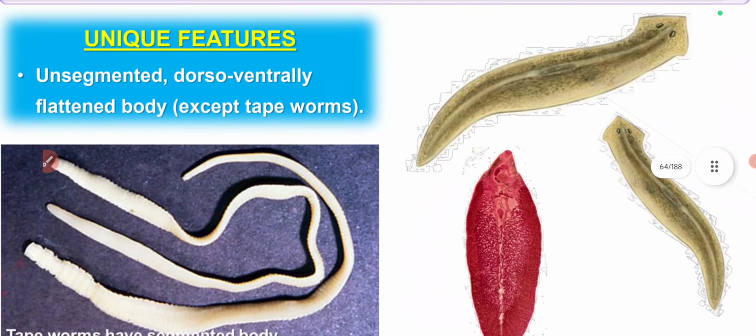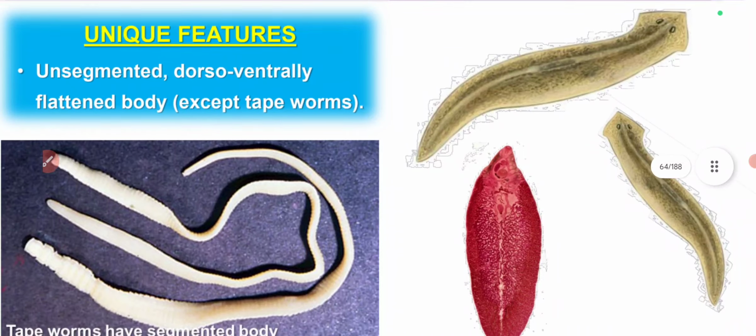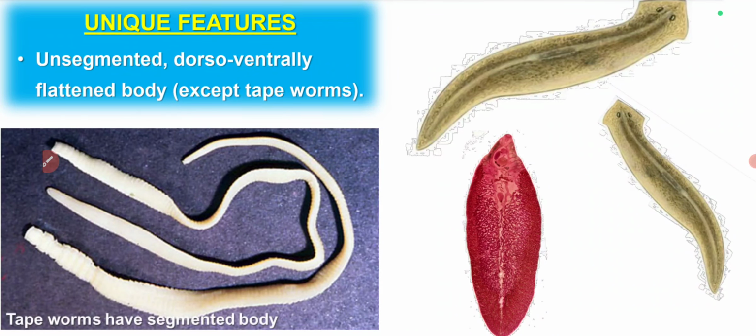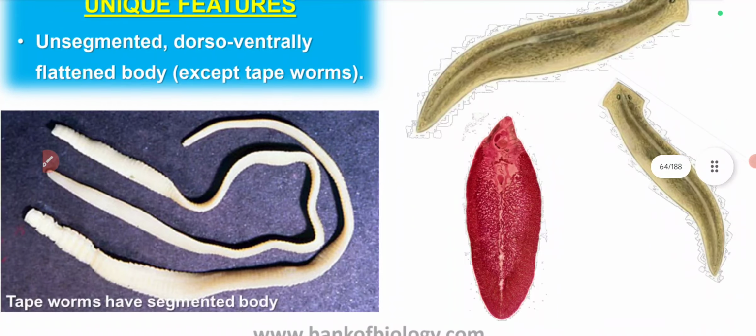Some unique features: unsegmented, dorsoventrally flattened body except tapeworm. Unsegmented means the body does not differentiate into segments. Dorsoventrally flattened means both dorsal and ventral sides are flattened, except tapeworm, which has a segmented body.